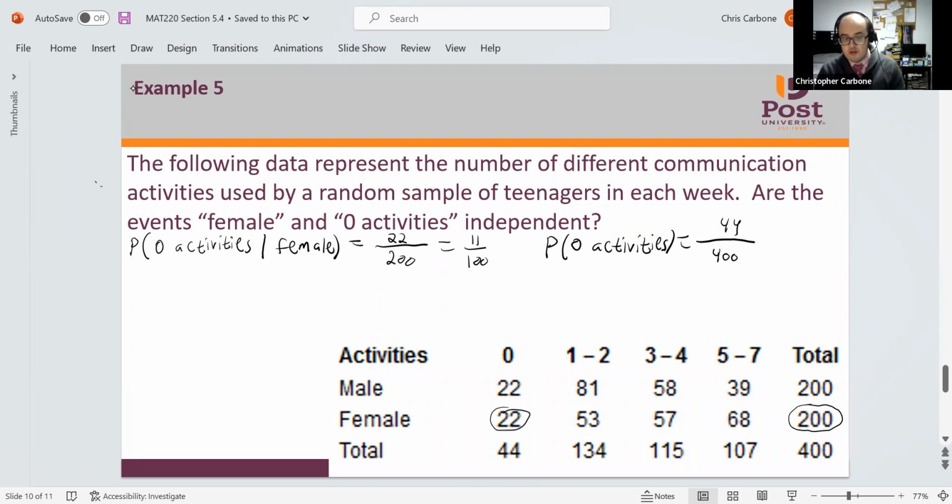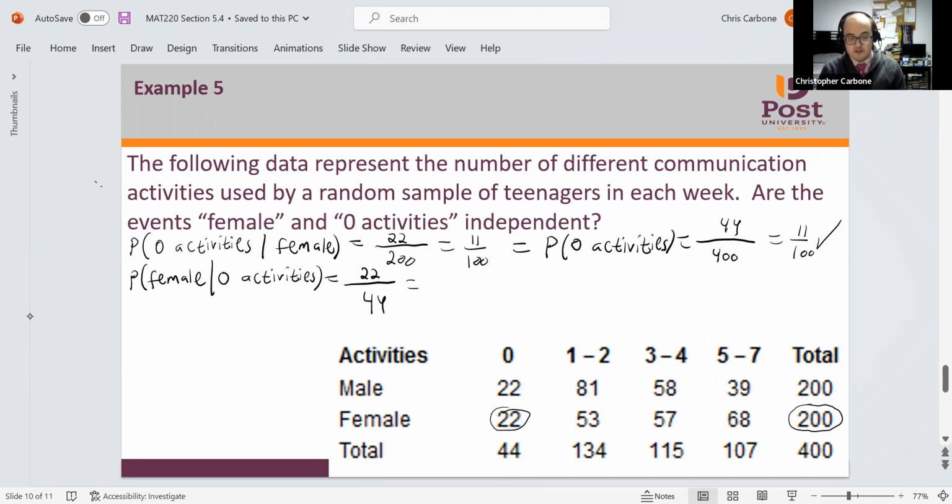We can also check the flip side. This is the probability of being female given 0 activities. Again, there's 22 females in the 0 activities section, out of a total of 44 with 0 activities.